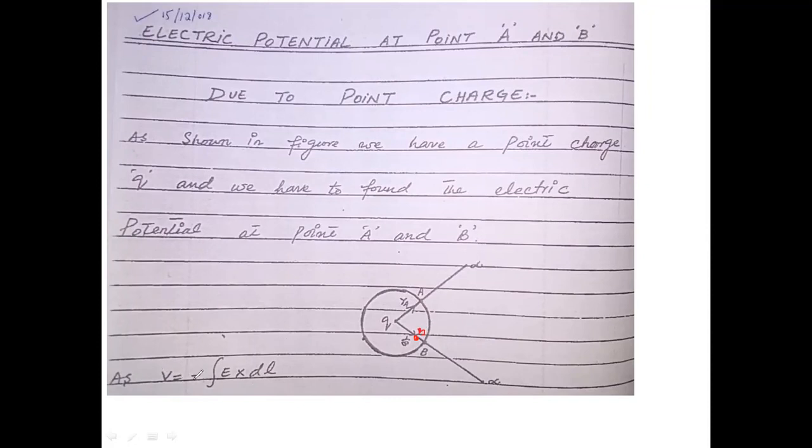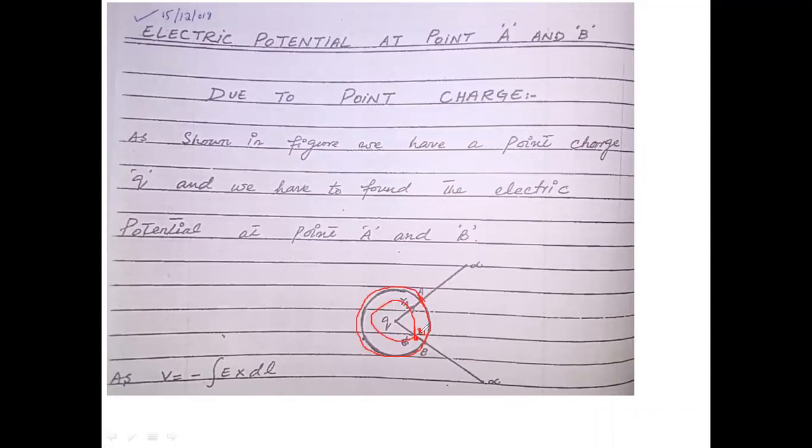According to the formula, V is equal to minus integral E dot dl. So the surface line for point A is here, and for point B is over here.